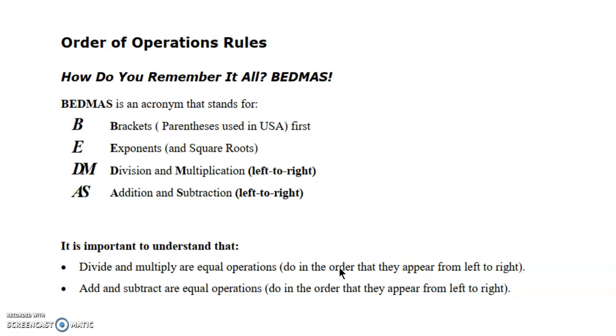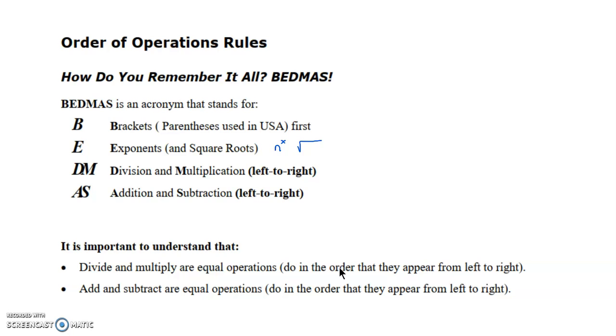It's an acronym that helps us remember the order in which we have to do our operations. So brackets or parentheses comes first, followed by exponents and square roots. So whenever you see a number to a power, or you see the square root symbol, that will be coming at the same time. And then division and multiplication. Division is not better than multiplication or higher in this order.